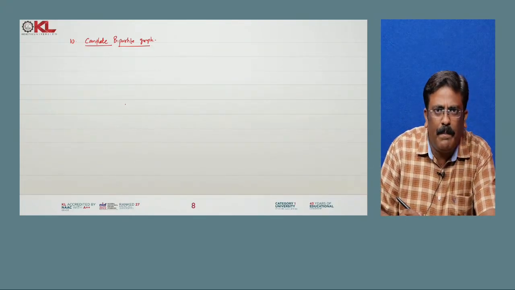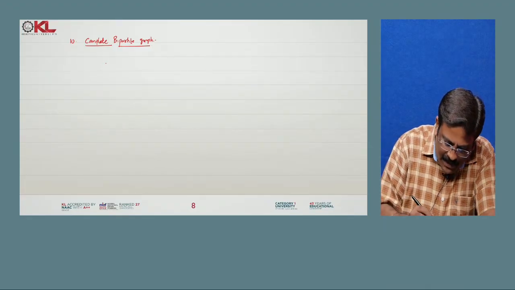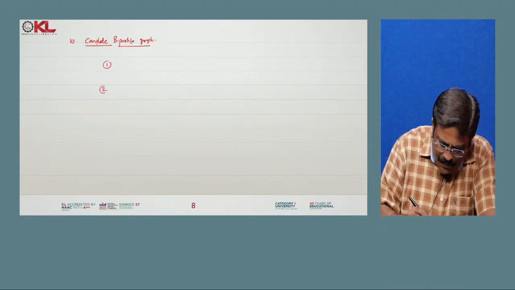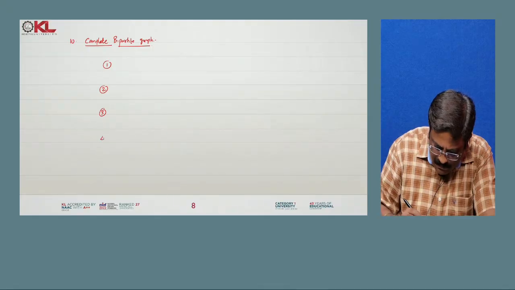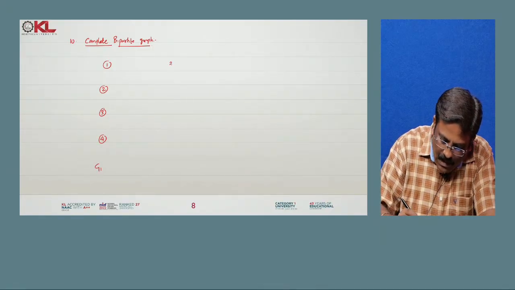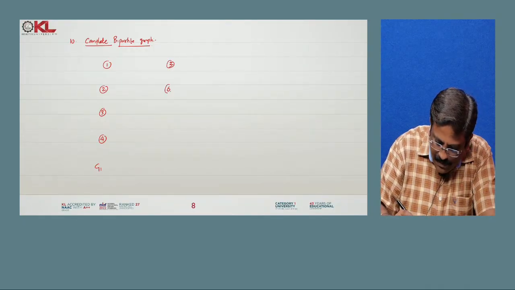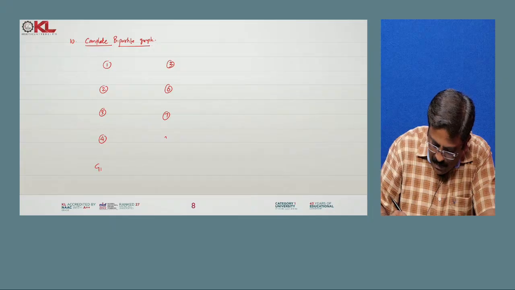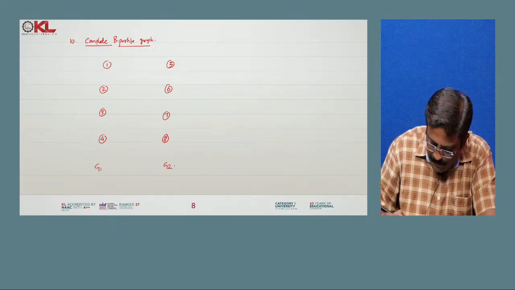So what does the complete bipartite graph say? Here also let me assume that I have nodes 1, 2, 3, 4 as G1, and here nodes 5, 6, 7, 8 as G2.